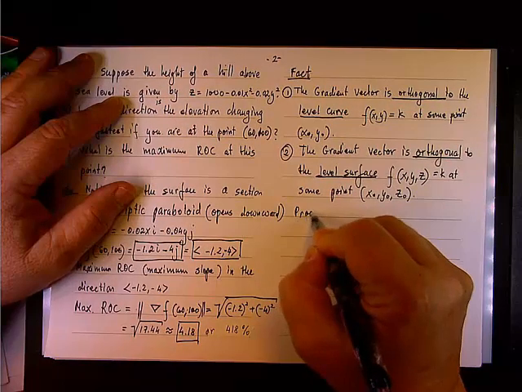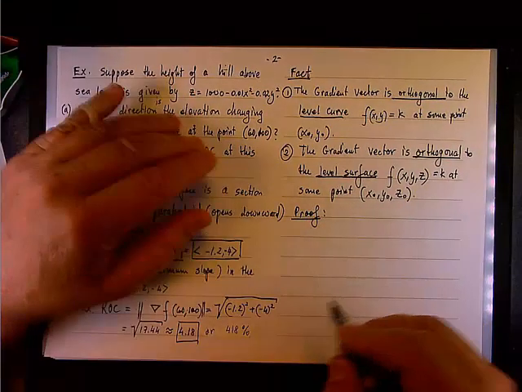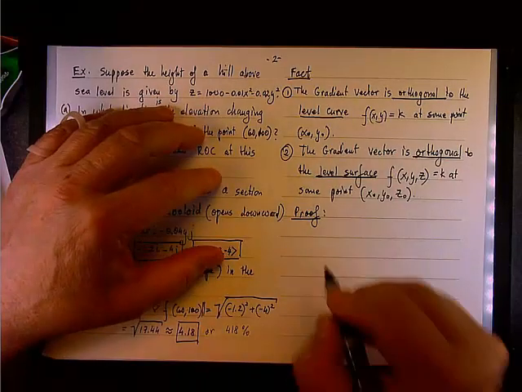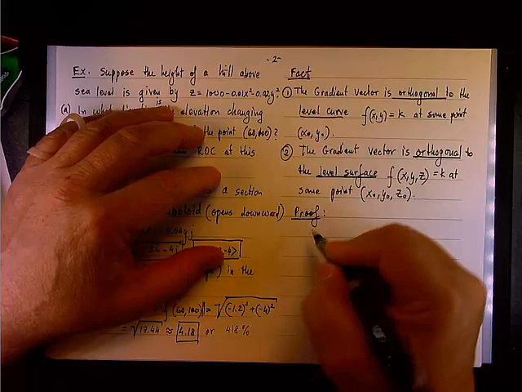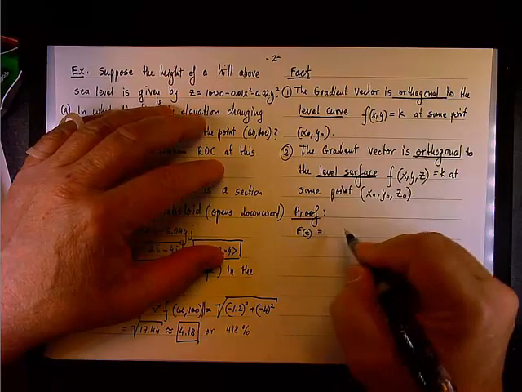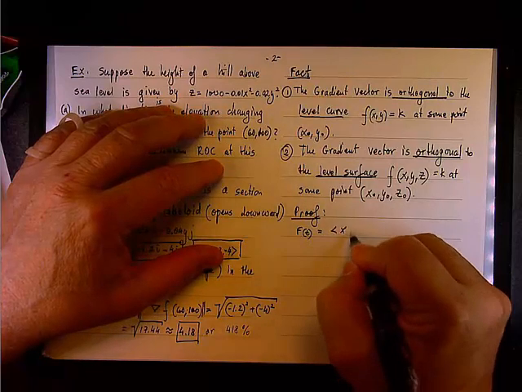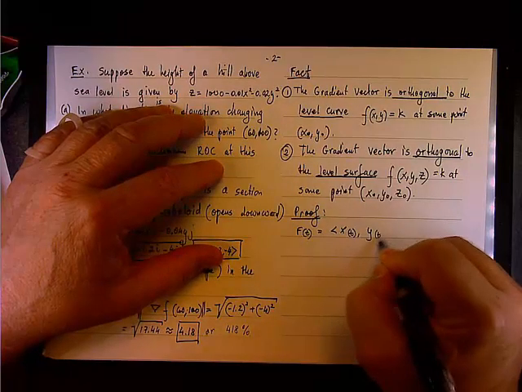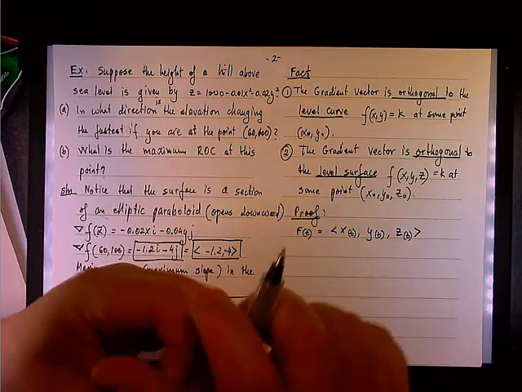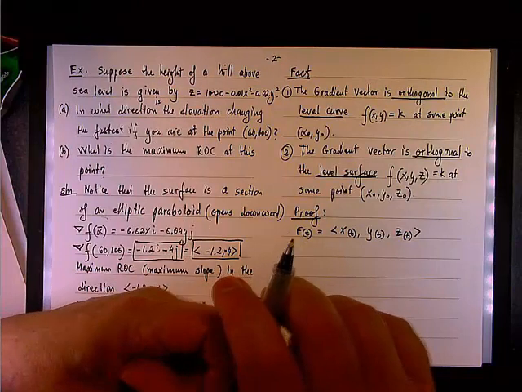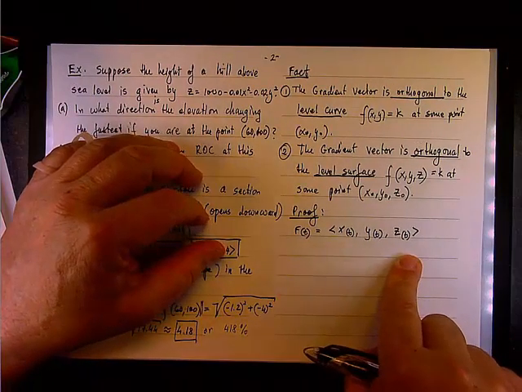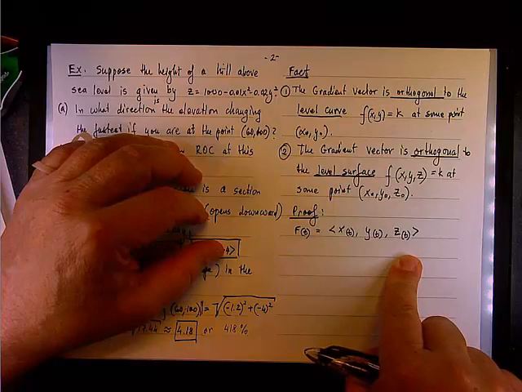How do we prove that? That's actually fairly easy to prove. We take the function in a parametric form, and we say that suppose you have a function r of t equals a vector such as x of t, y of t, z of t.